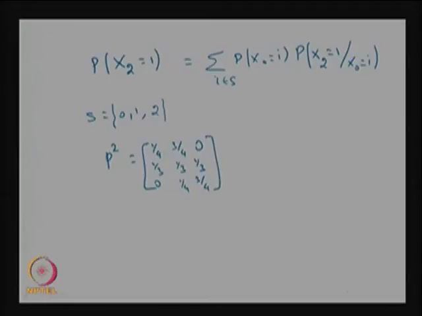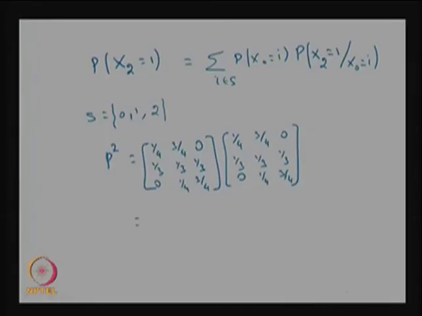So, this is P. You multiply the same matrix with itself, and find P squared.